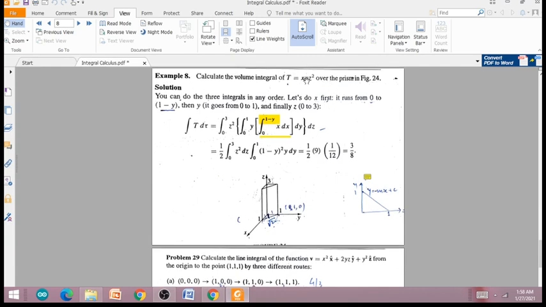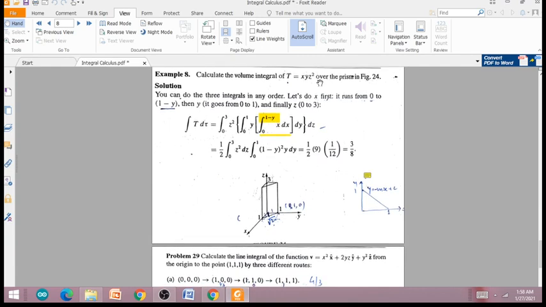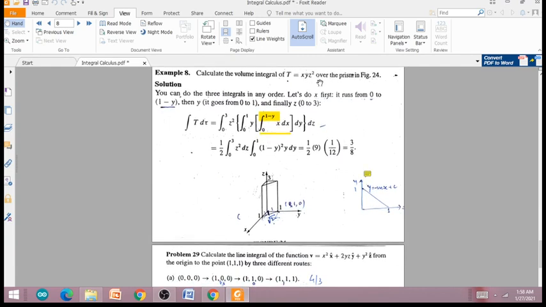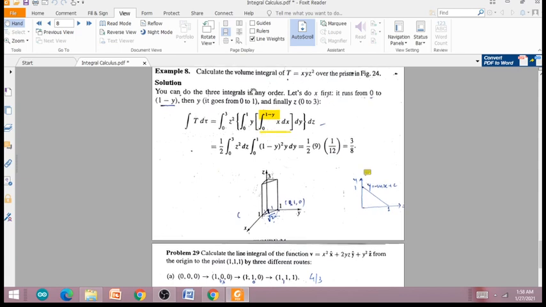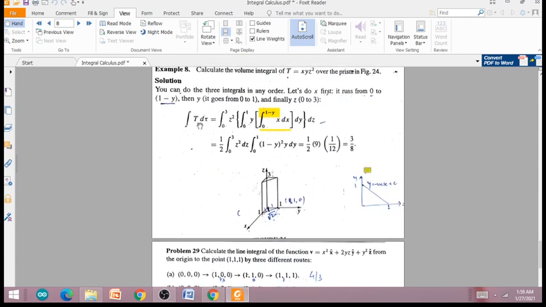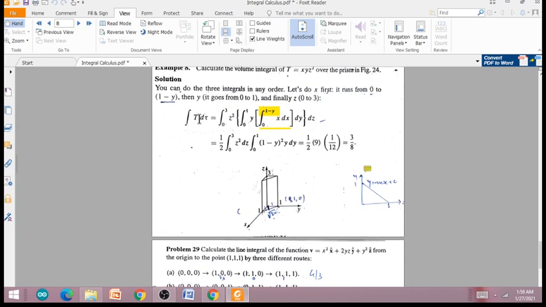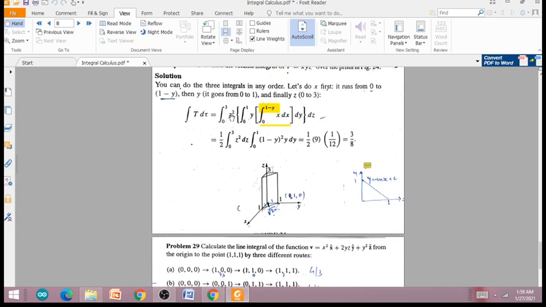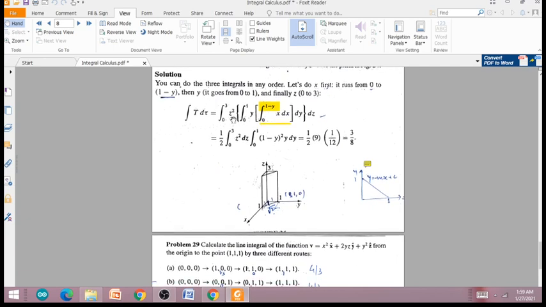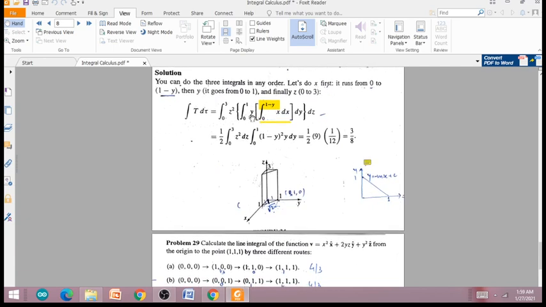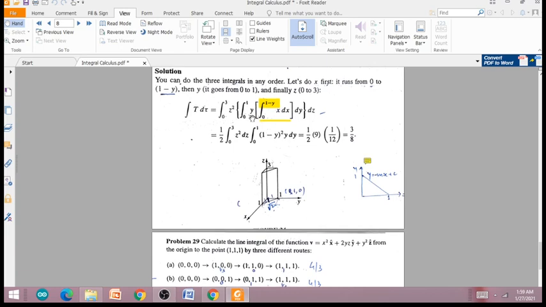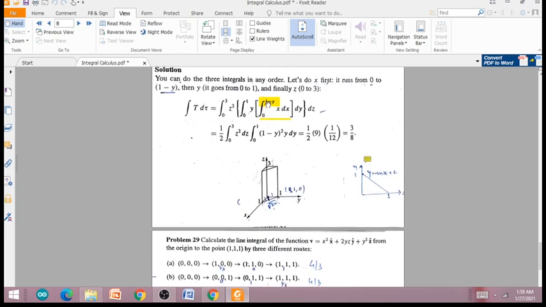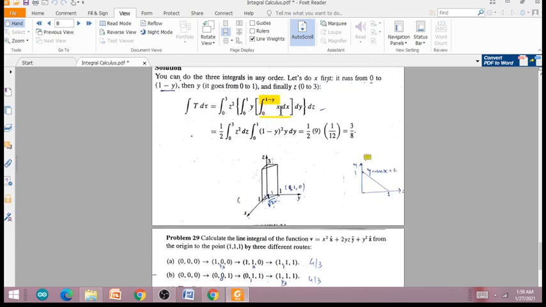So calculate this part. Over here what we have observed is the integration of t d tau, 0 to 3 that varies for the z axis, 0 to 1 that varies for the y variable, and 0 to 1 that varies for the x.